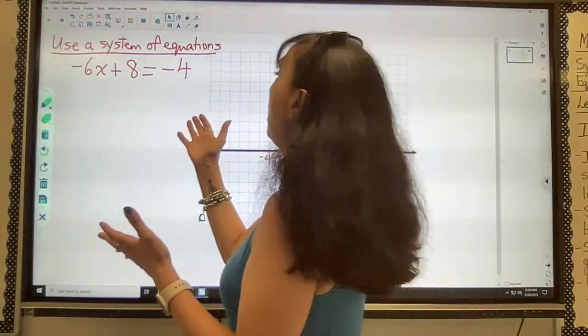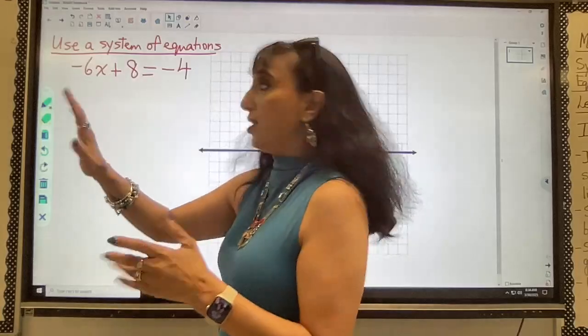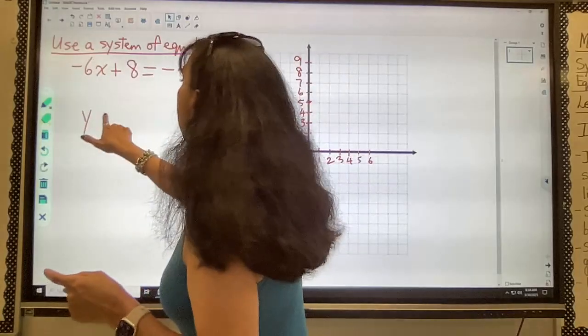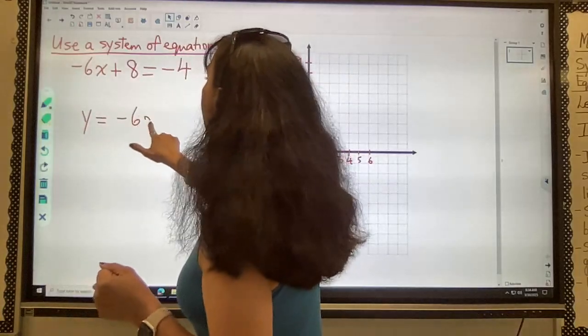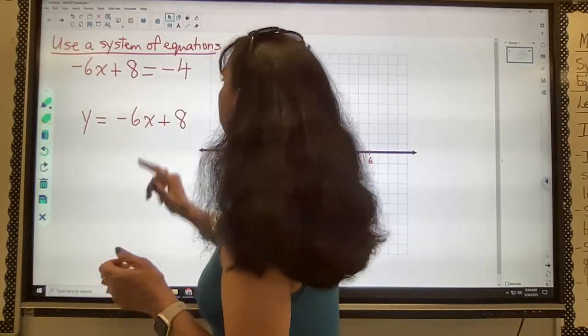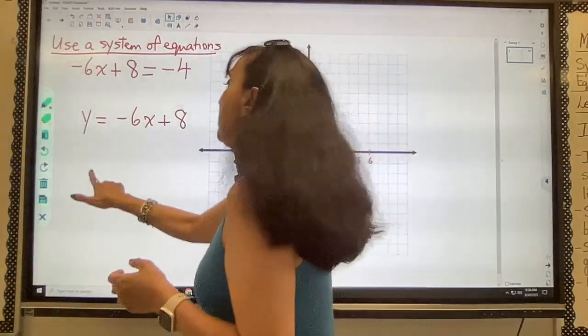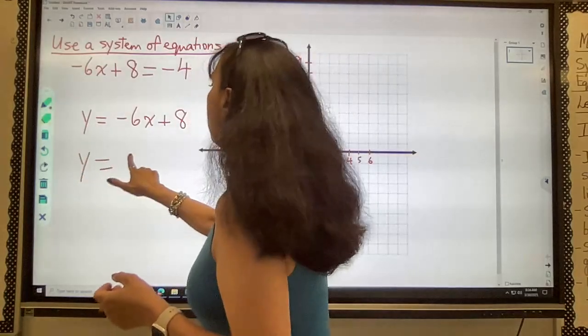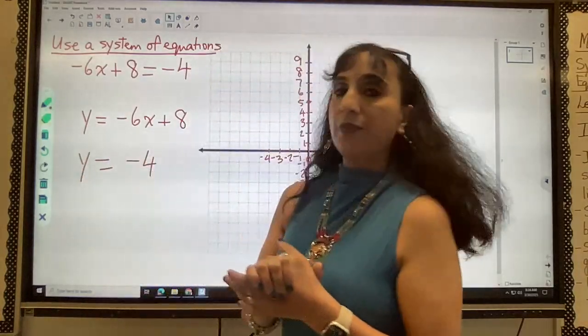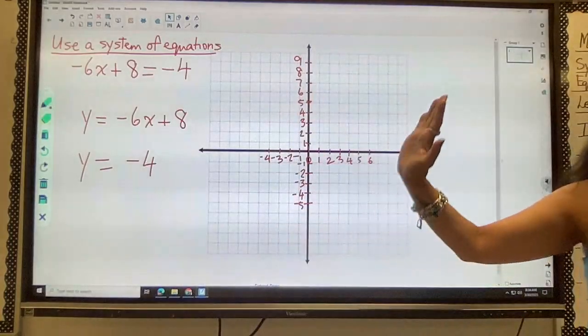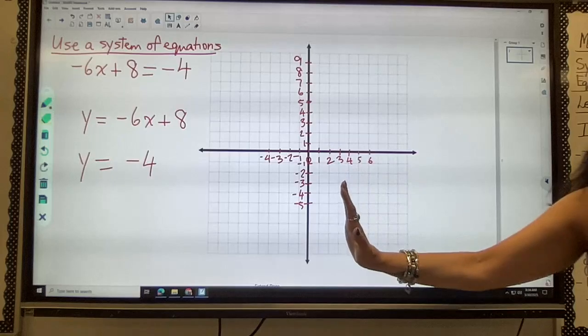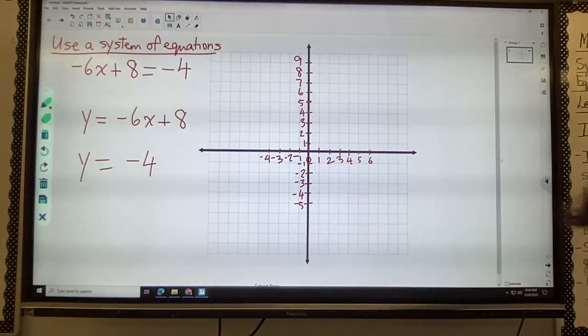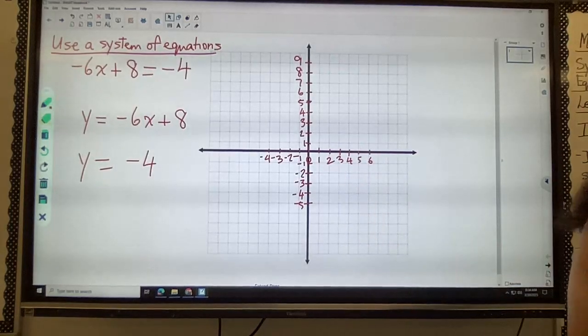So here are my two equations. Y is equal to negative 6x plus 8, and y is equal to negative 4. So now I have my two equations that are set up, and both of these equal y.